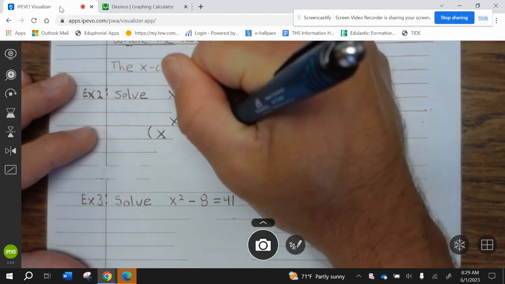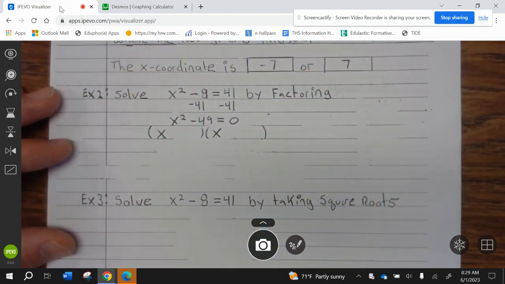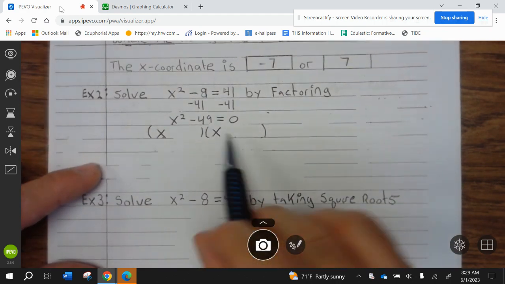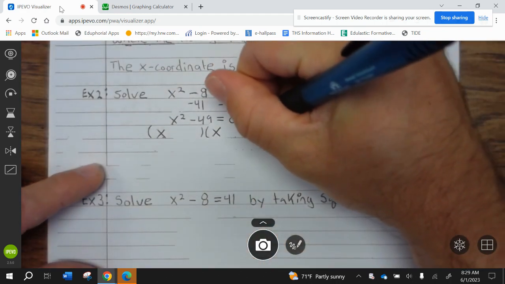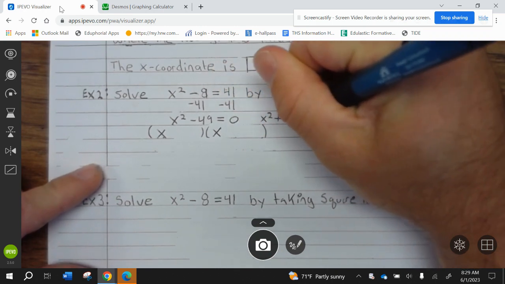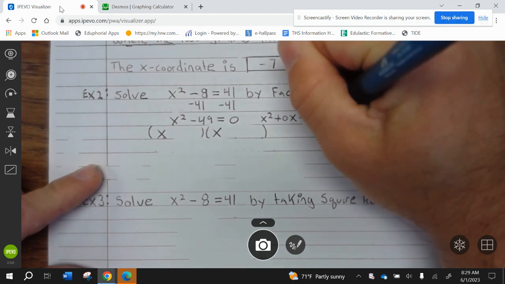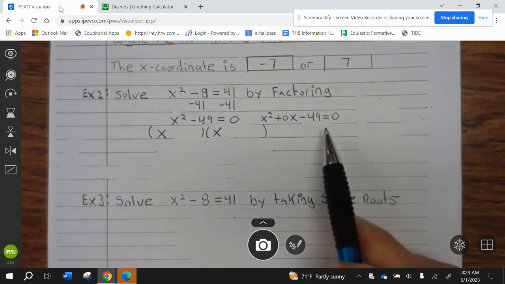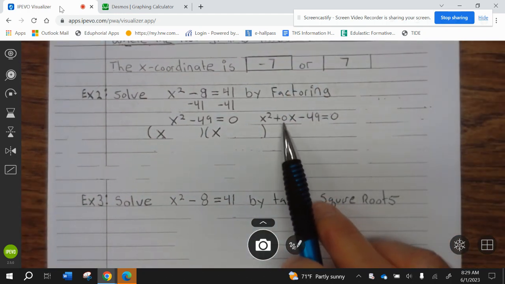So x and x. Now, I'm going to rewrite x squared minus 49 as x squared plus 0x minus 49 equal to 0. And the reason being is we need to figure out what number multiplied gives you negative 49 and combined gives 0.